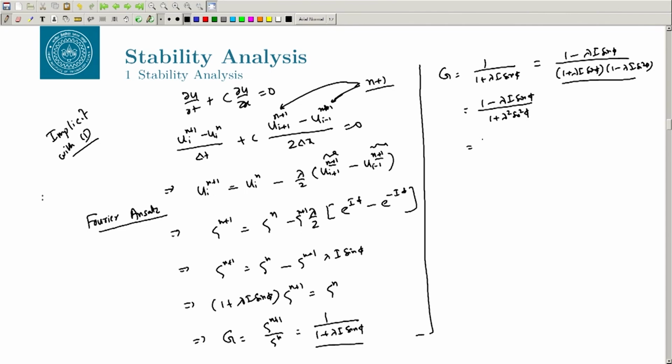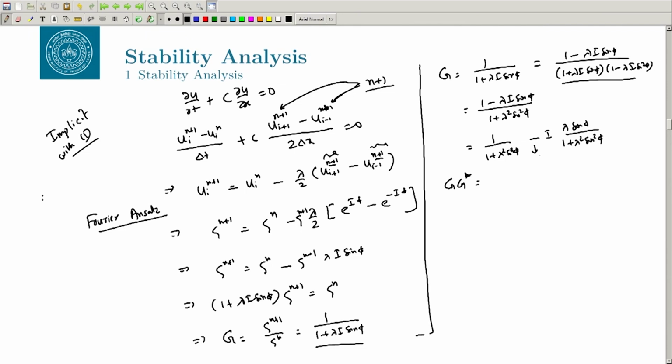And so, this is 1 plus lambda square sin square phi minus I lambda sin phi by 1 plus lambda square sin square phi. Okay. So, do G star. Okay. So, in the G star it will be the conjugate.